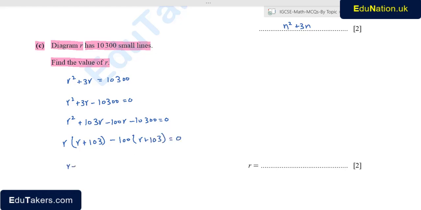Then r minus 100 into r plus 103 equals 0. From this r equals 100, r equals minus 103, so the value of r will be positive, so r equals 100.